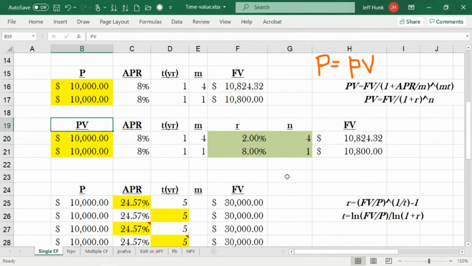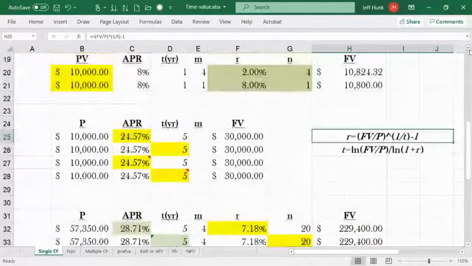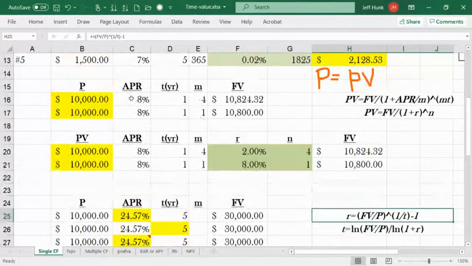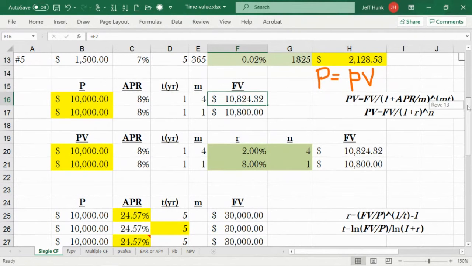Now, our next question is, right? So when we have, see how many, these are all variables, aren't they? APR, time, future value, if you're solving for future value.